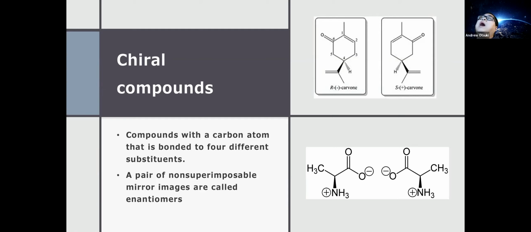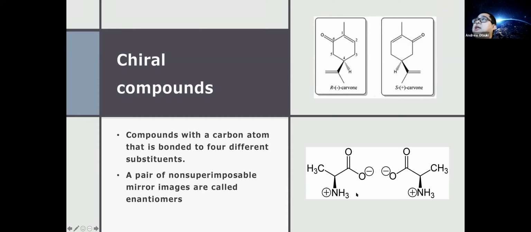You'll be required to know how to assign R and S again for new types of compounds that you'll be introduced to, so don't forget R and S. R and S is going to be really confusing when we talk about sugars, because there's a whole different class of designation for D and L sugars. But it's important that you have these concepts of chiral R and S designations mastered.